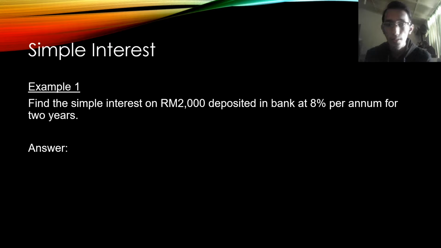For the answer, using the formula I = P × R × T, the principal is 2,000 ringgit times the simple interest rate 8% times the time, which is 2 years, and we get the answer 320 ringgit.